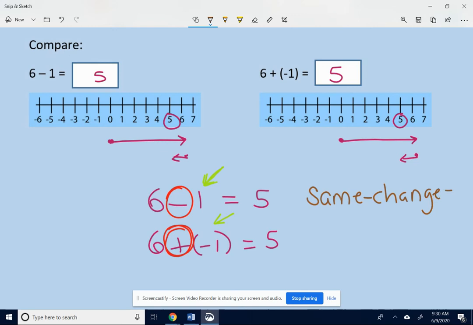I will explain this in the next slide again. You keep the first number the same, you change the subtraction to addition, and then you take the opposite of the second number, which means change its sign.